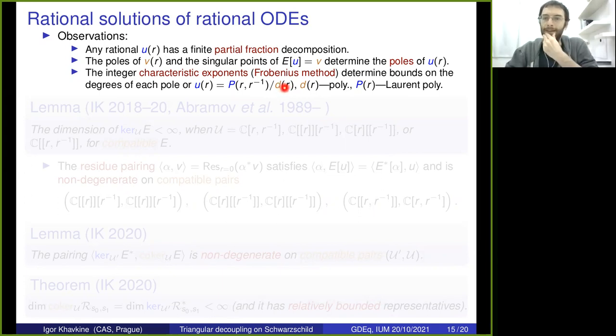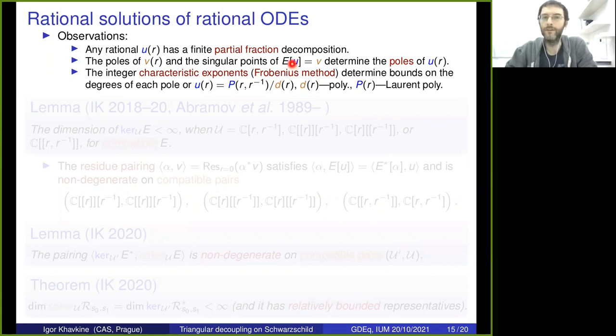And the Frobenius method will also tell you, using critical exponents, what the bounds are on the poles at any particular location.